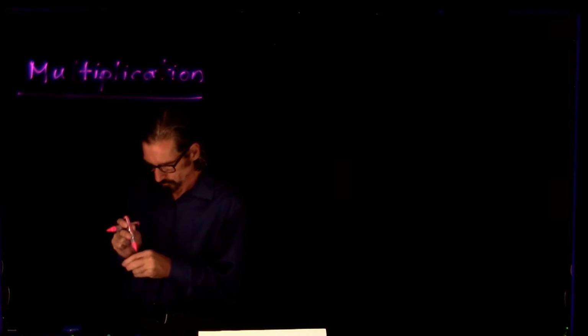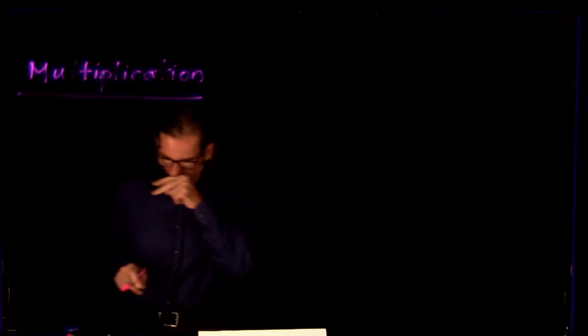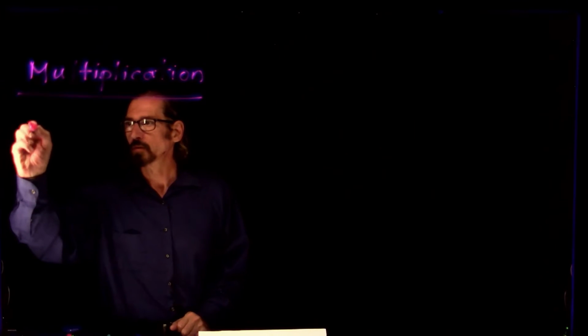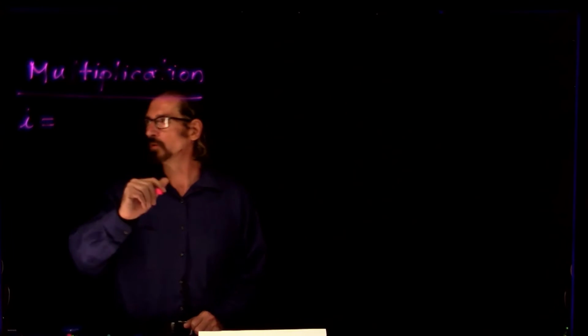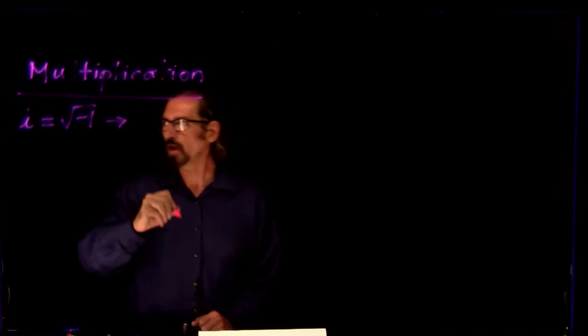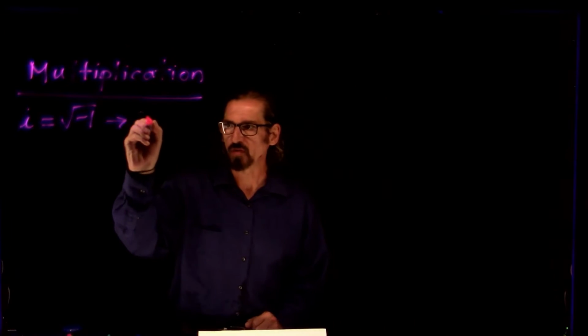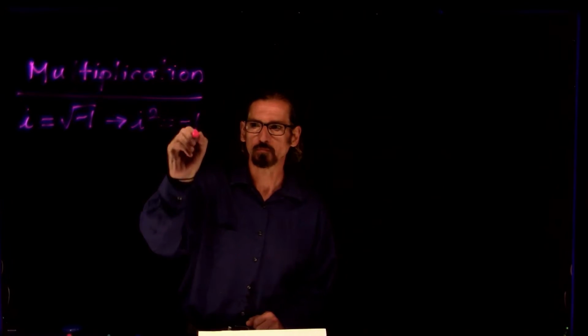Also, in case I forgot to mention it earlier, since we defined the principal square root of -1 to be i, so we square both sides, that gives us that i squared equals -1.